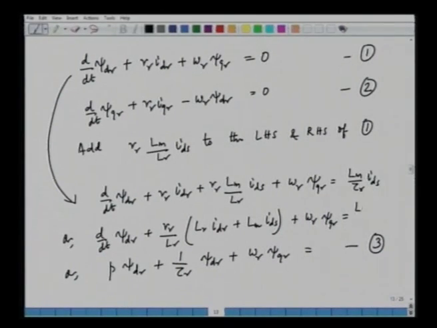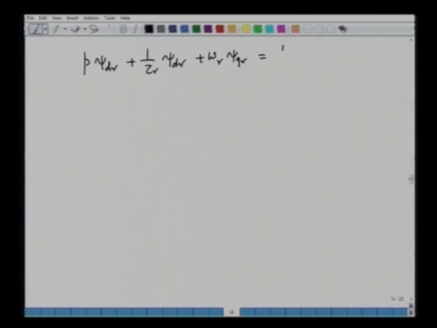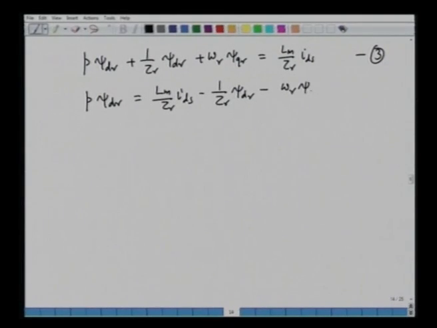So this is equation number 3 that we have already derived. And after we simplify this equation, we get P psi dr is equal to Lm by tau r into IDS minus 1 by tau r into psi dr minus omega r into psi qr. This is the same equation.